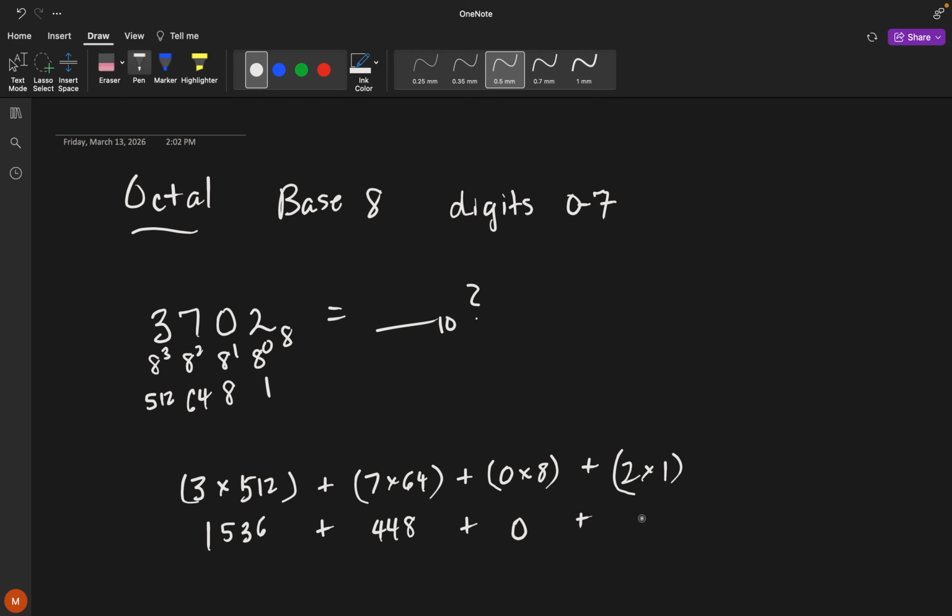And 2 times 1, of course, is 2. So if we add these up, 448 and 1,536 and 2, we get 1,986 in base 10.